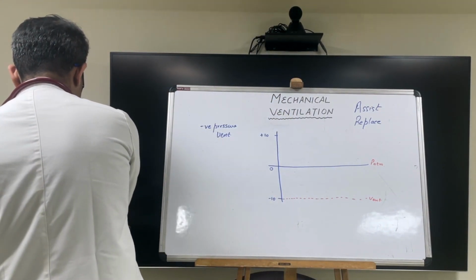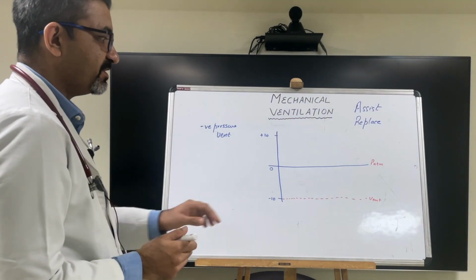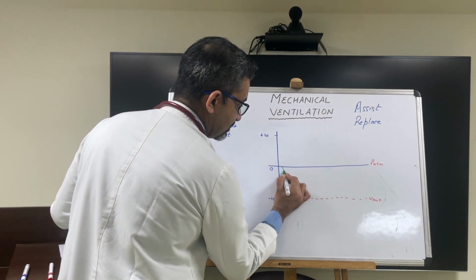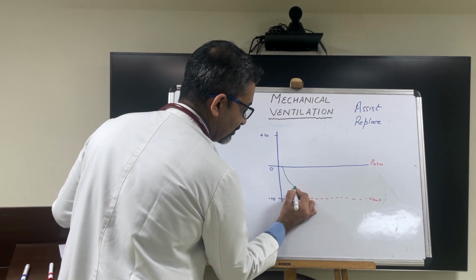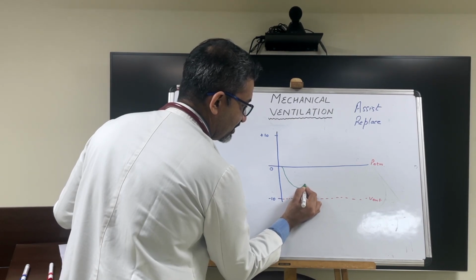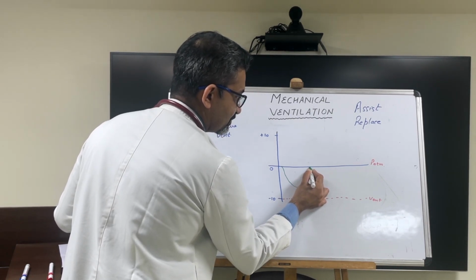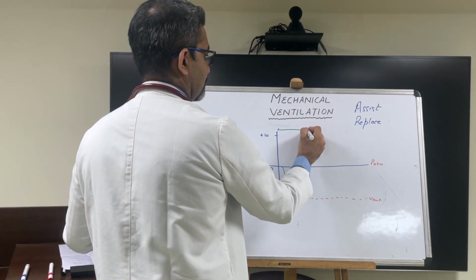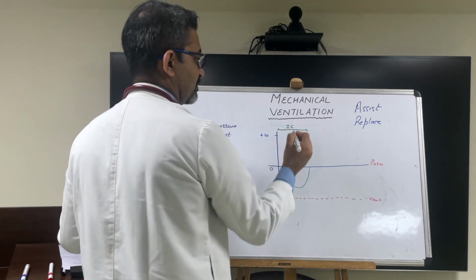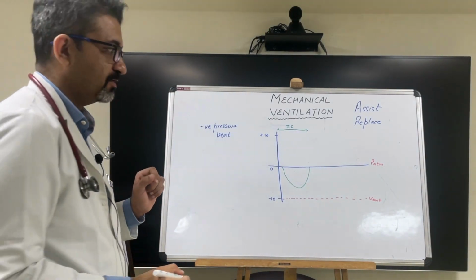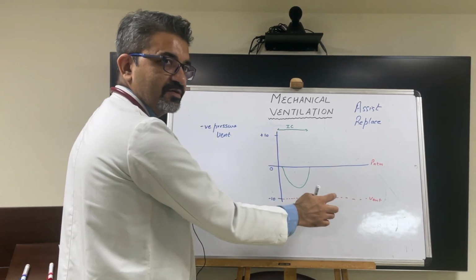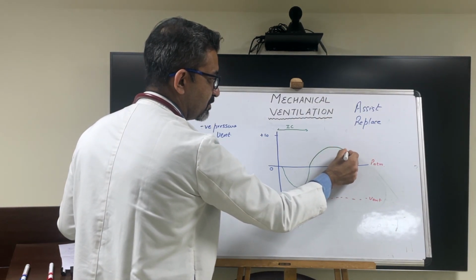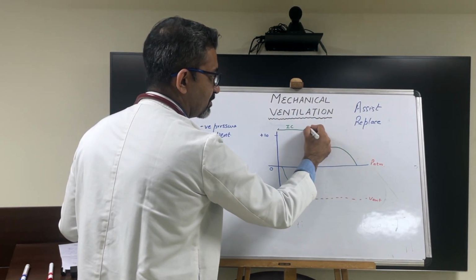So what will happen? As you initiate the pressure, the alveolar pressure decreases. It will go down. Gradually air will be filled up. When you stop it, it goes like this. So this is your inspiratory cycle. When you remove this pressure, there will be expiration like this. This completes your one cycle.